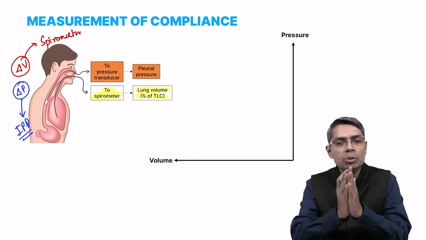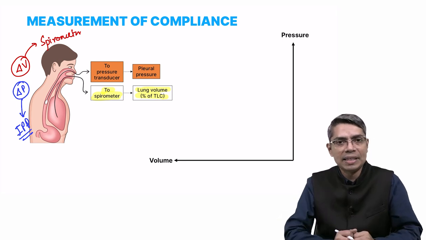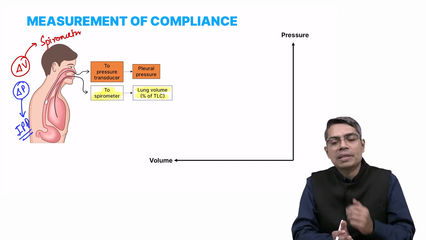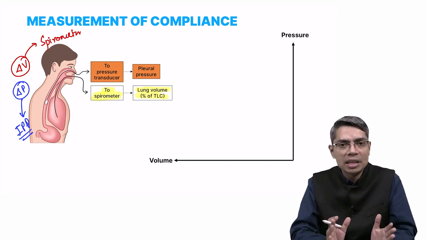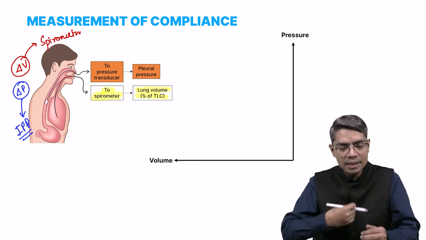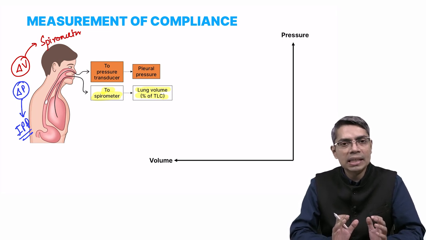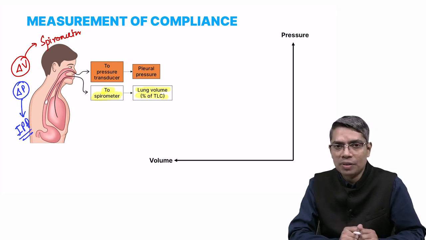The mid-thoracic part of the esophagus, which is present inside this thoracic cavity, is a collapsible tube, because the upper esophageal sphincter and lower esophageal sphincter normally remain closed. So in resting condition, the collapsible tube is there inside this intrathoracic region. Whatever pressure is there in the interpleural region, the same pressure will be there inside the esophagus.